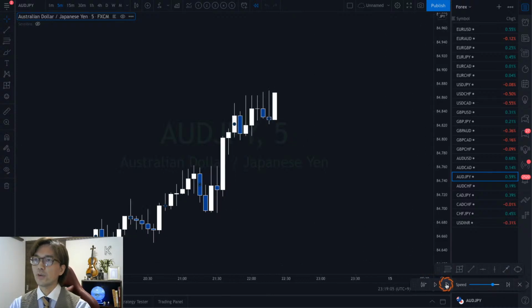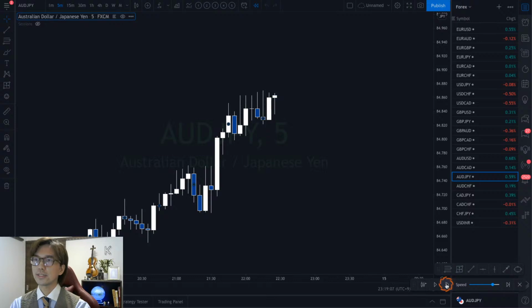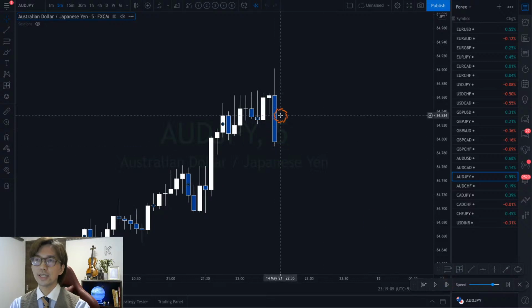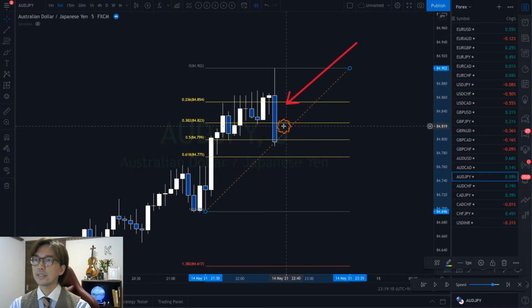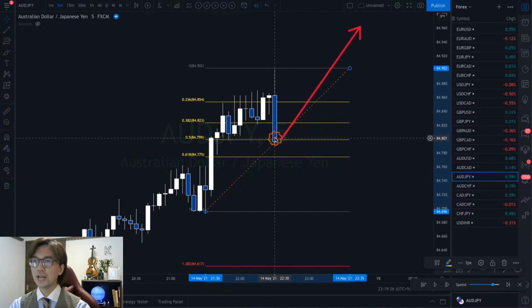I wait for the retracement on this candlestick, and as soon as I see it, I use the Fibonacci like this, and I find that this is exactly at the 50% level bounce. So afterwards I expect the market goes up, or it might go down to 61.8%, but I still expect the market to go up this way.